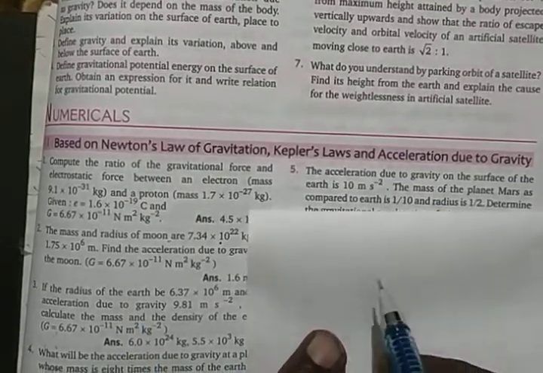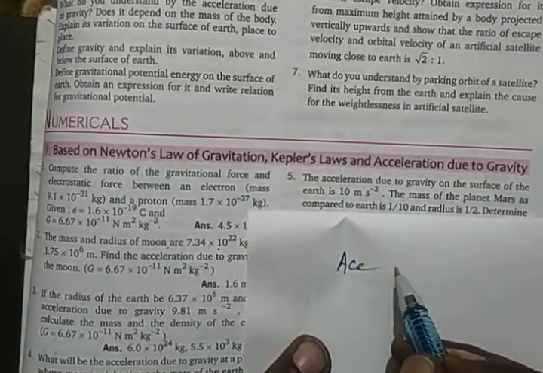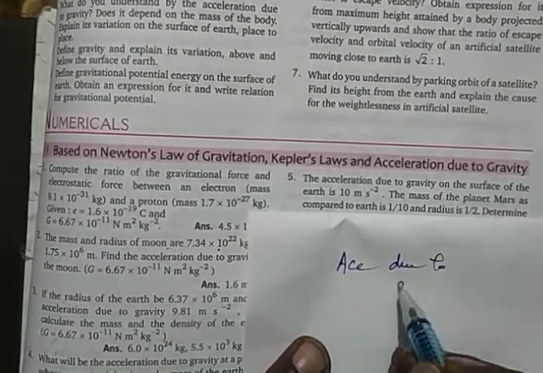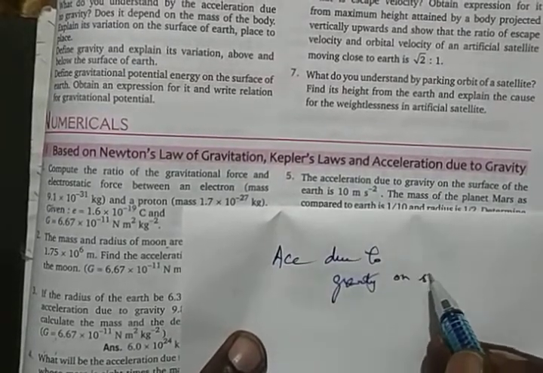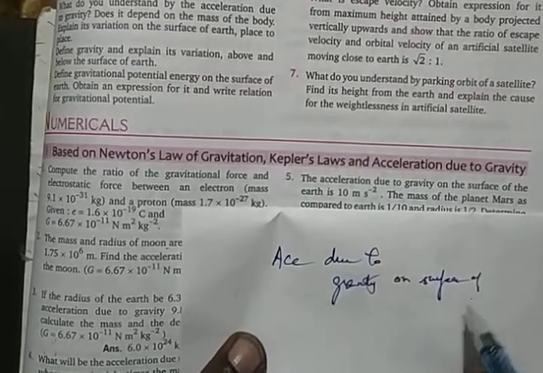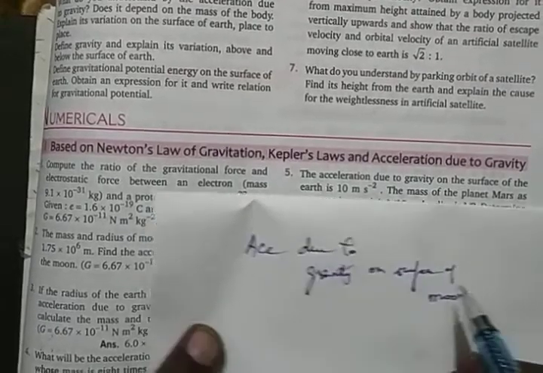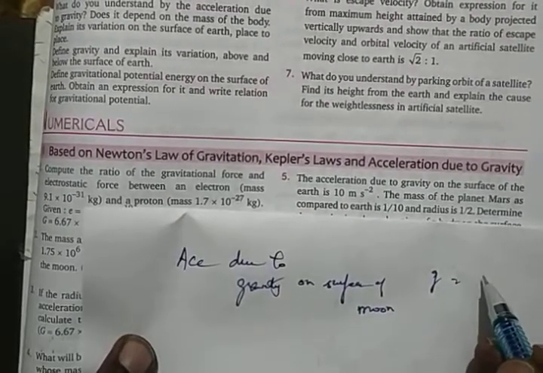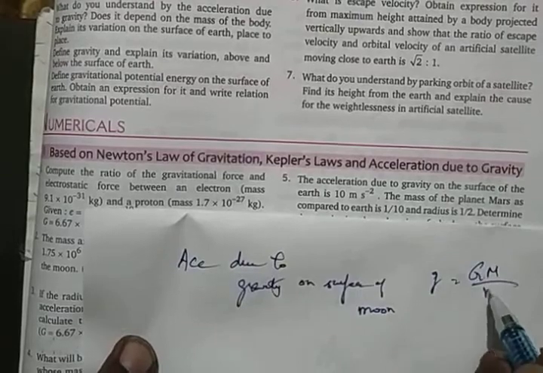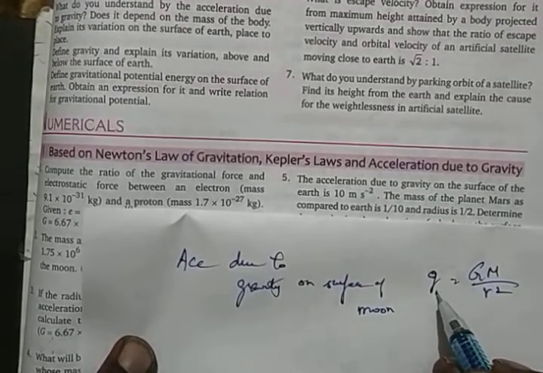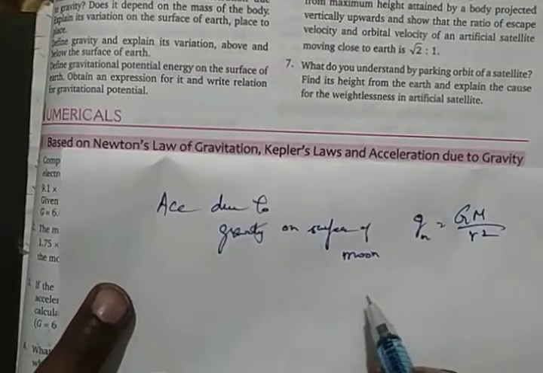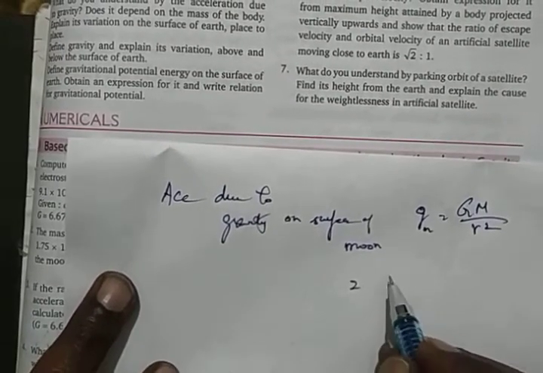So acceleration due to gravity on the surface of the moon, g, is going to be equal to capital G M upon R square. This is gravity of the moon. All things are given there.